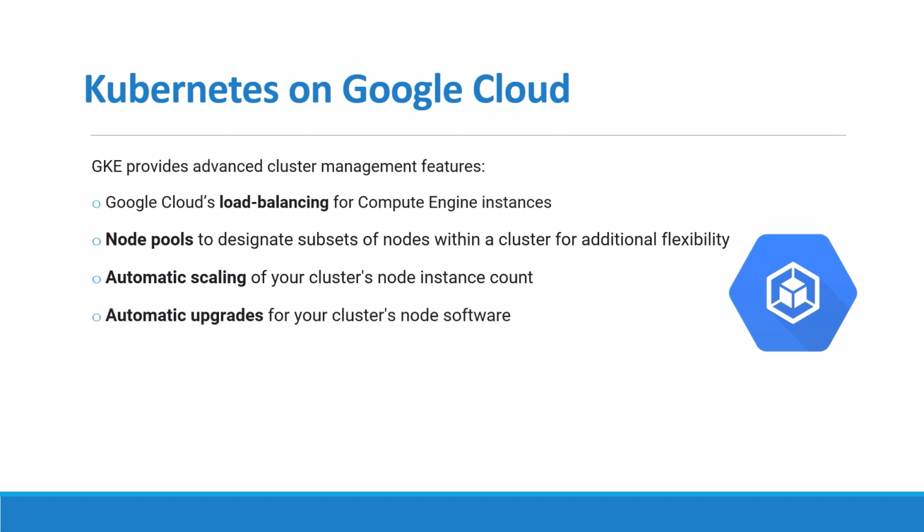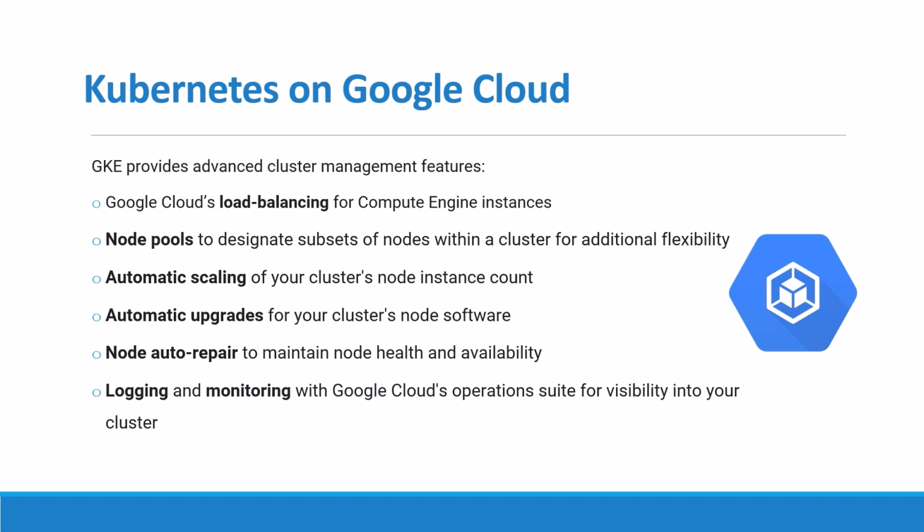You can also use automatic upgrades for your cluster's node software. GKE also provides node auto repair, which maintains node health and availability. Google Kubernetes Engine also provides logging and monitoring features with Google Cloud Operations Suite for visibility into your cluster.